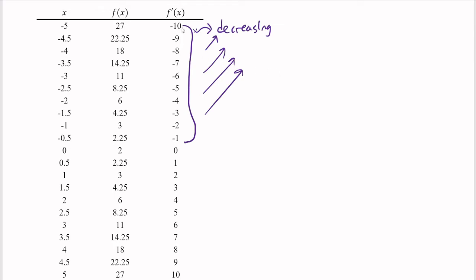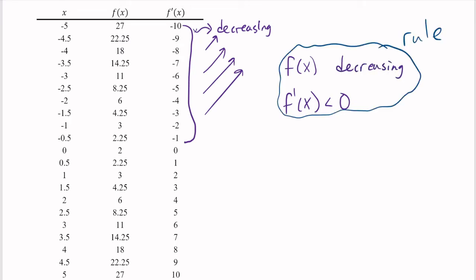Now, what was the connection? If f prime is negative, like these numbers, then f is decreasing. This is a rule that connects your function with your derivative.